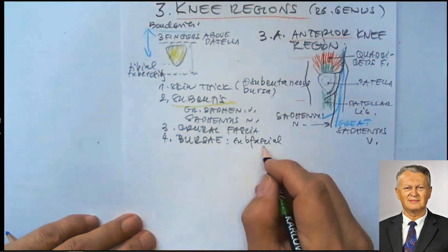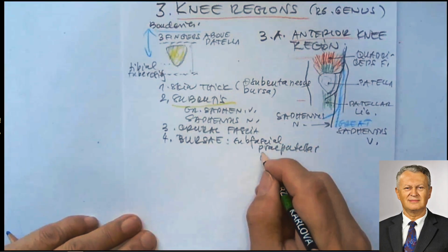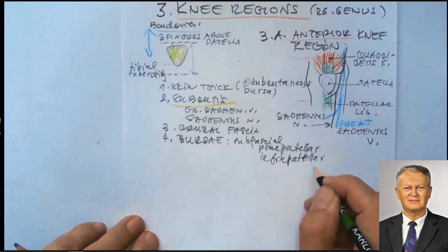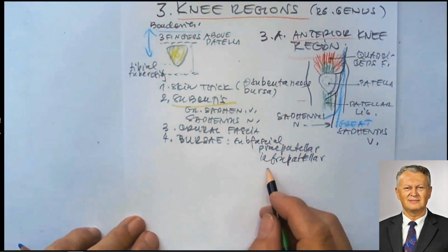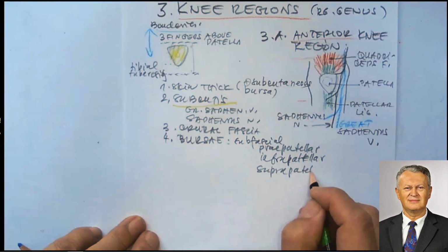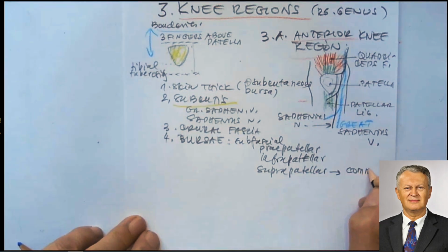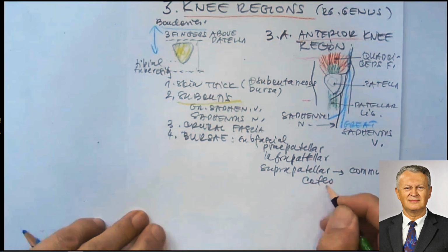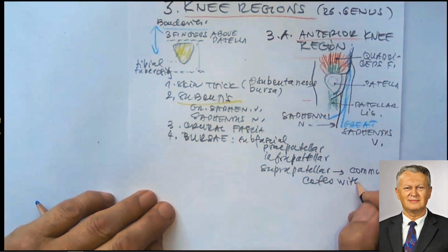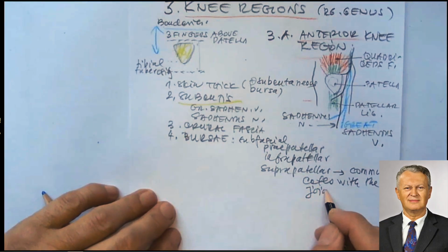Subfascial, prepatellar, then also infrapatellar, and suprapatellar. Bursae usually communicate with the knee joint cavity, with the joint cavity.